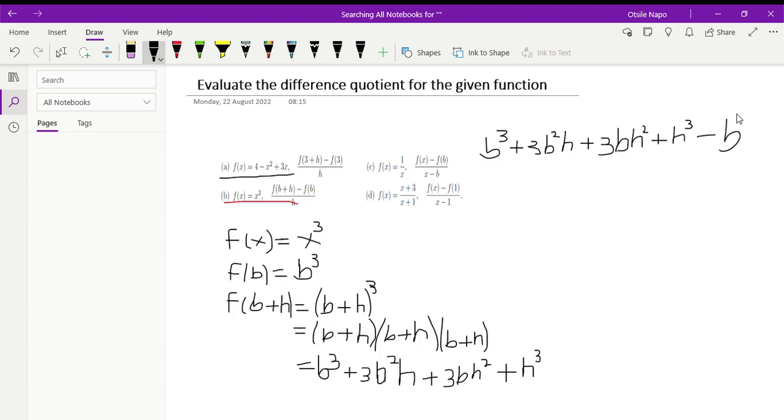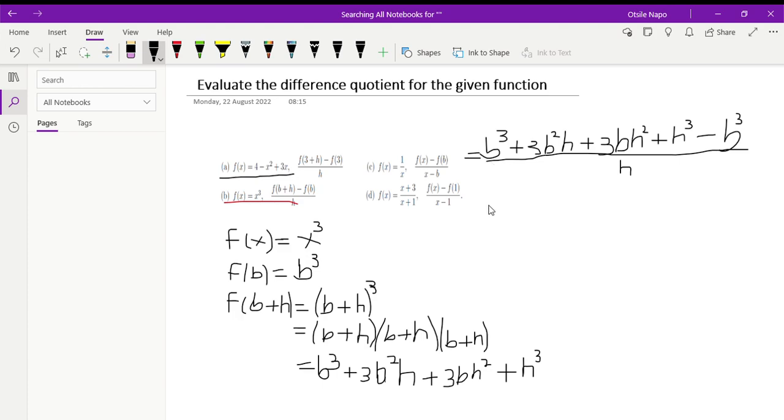So before I even write, I find something very interesting here. Over h. So here's something which is interesting.